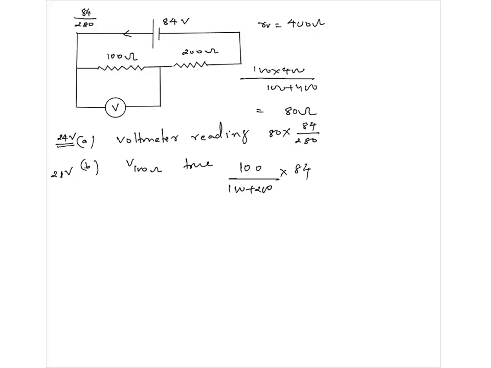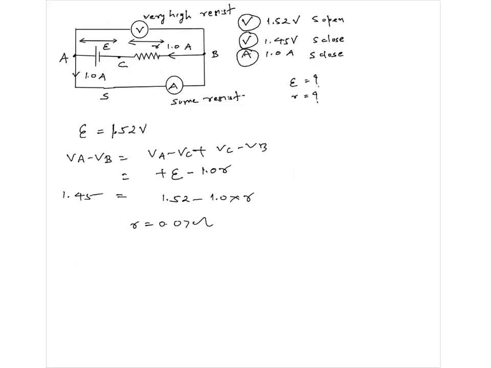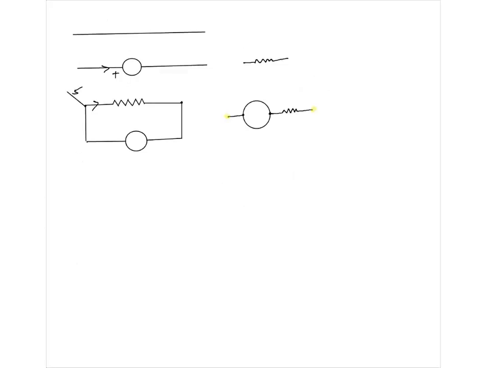One milliampere. Shunt is the same resistance. Shunt is this. We are talking about ammeters. The parallel resistance that you connect across the ammeter, that is a shunt resistance.